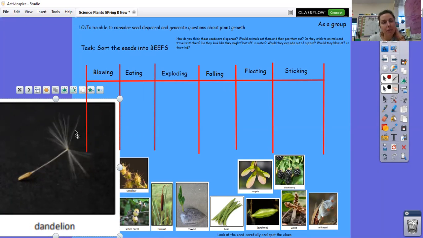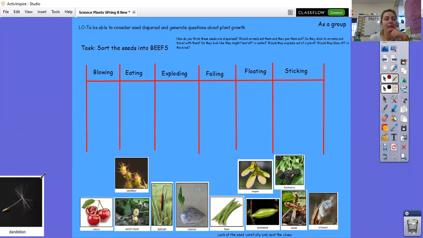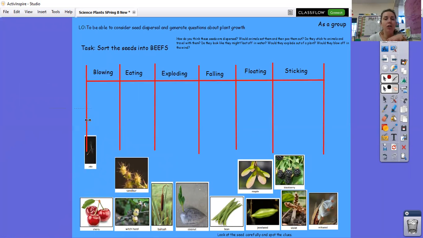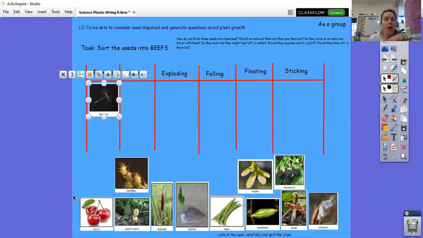So it could be spinning in the air quite easily. And then the bottom bit is here, is where it could get stuck to the ground and start growing. I wonder if blowing would be a really good way for dandelion seeds to carry on to their new location. So I am going to be popping this one under my blowing column.